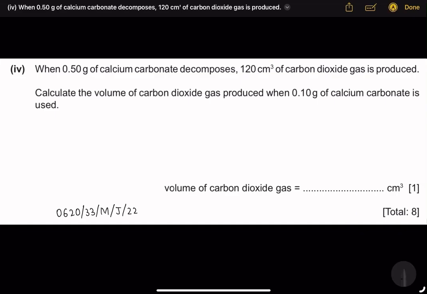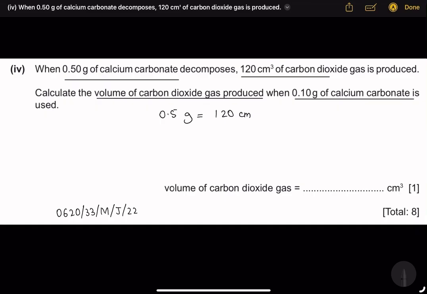So 0.5 gram of calcium carbonate decomposes to give 120 cm cube of carbon dioxide gas. Calculate the volume of carbon dioxide gas produced when 0.1 gram of calcium carbonate is used. So 0.5 gram is giving us 120 cm cube. So 0.1 gram will give us X cm cube.